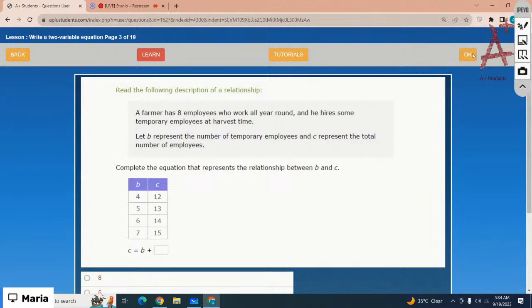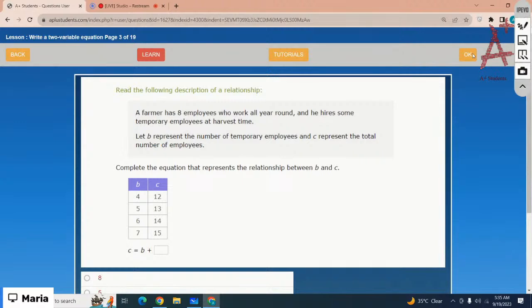Complete the equation that represents the relationship between B and C. So, which is the correct option? 4 plus what number is 12? 4 plus 8 is 12, right?